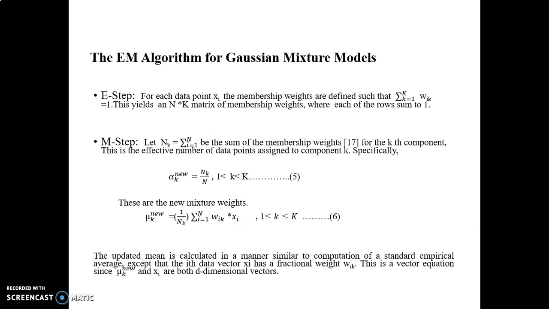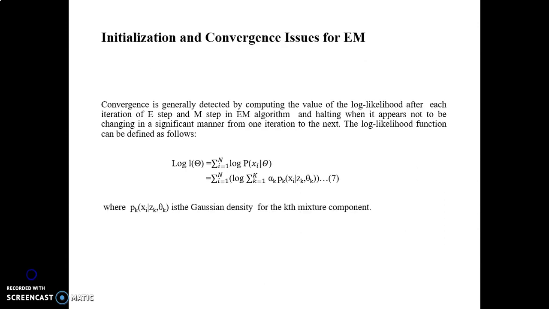Now the next topic is the initialization and convergence issues of expectation maximization, or EM. Here we have to take the logarithm of the entire theta expression, that is, the logarithm of the previous equation.